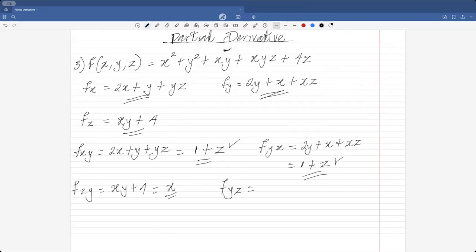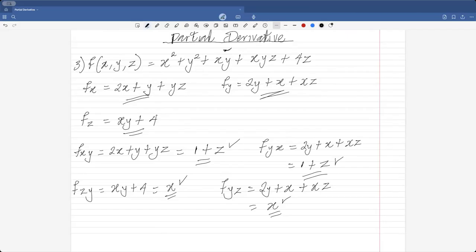Let's try it. So fy is 2y plus x plus xz. So differentiating these with respect to z, 2y becomes 0. x becomes 0. xz becomes x. So as you can see again, we have the same answer.